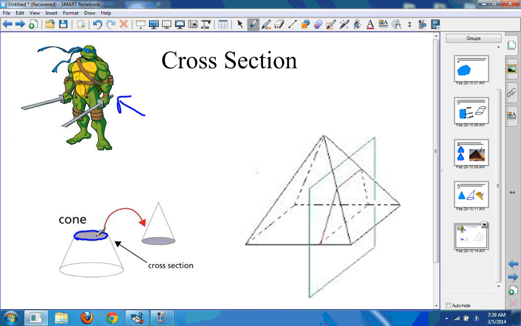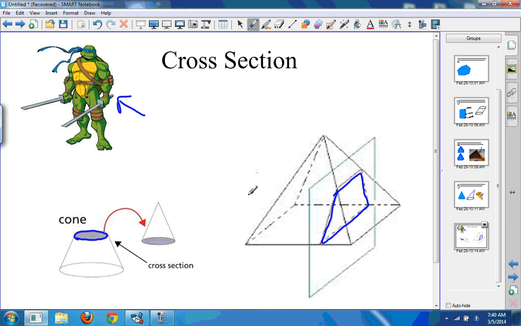If I chop this pyramid right in half right here, this would be the resulting cross section. And that looks to me like it makes a trapezoid. So different shapes, if you cut them in different areas, the cross sections make different shapes.